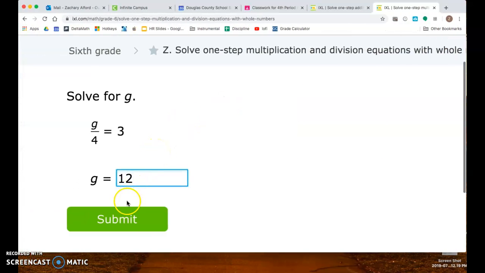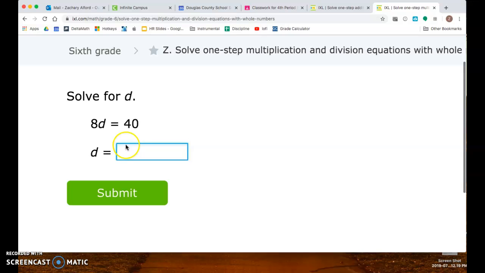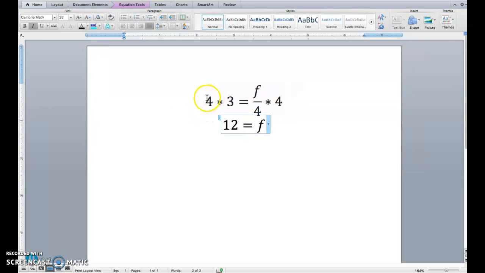All right, g over 4 equals 3. You know what? That's the same problem, basically. So I just skipped it. Okay, 8d equals 40. This is a good problem. So 8d equals 40. Okay, well, if I am multiplying my variable by 8, I need to undo multiplying by 8.